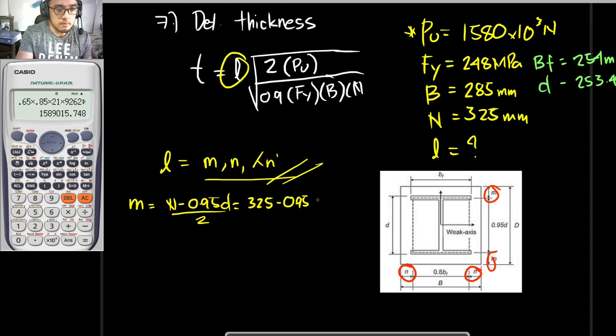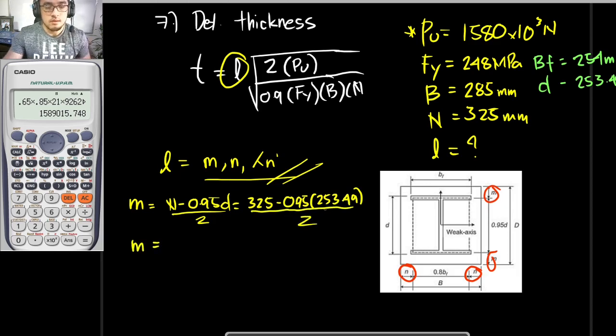So D is equal to 253.49. We would be dividing this by 2 to get the value of our m. So this should be 325 minus 0.95 times 253.49 divided by 2. Our m right there would be 42.1.